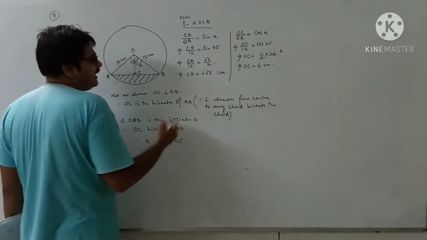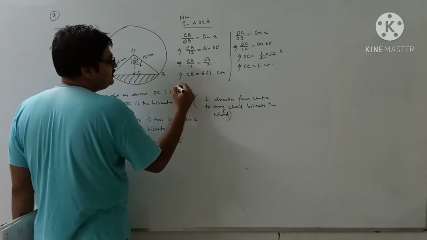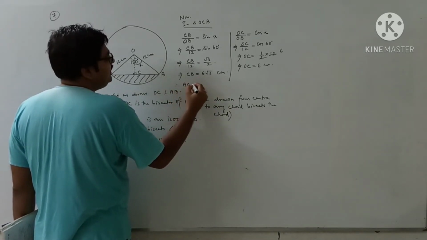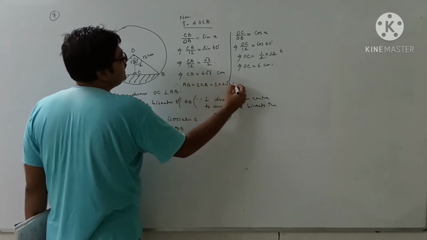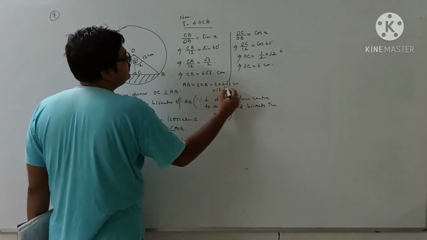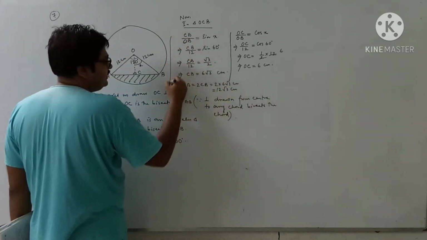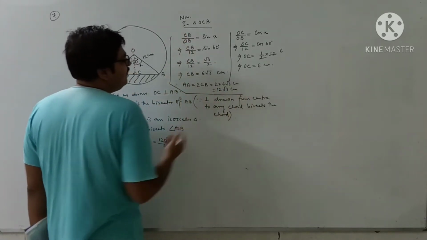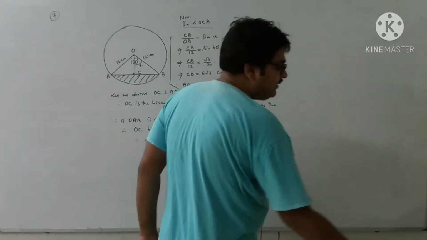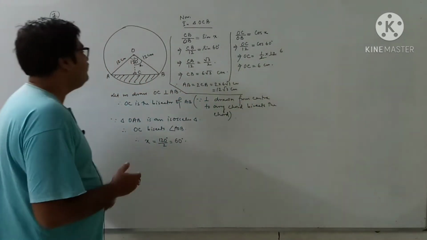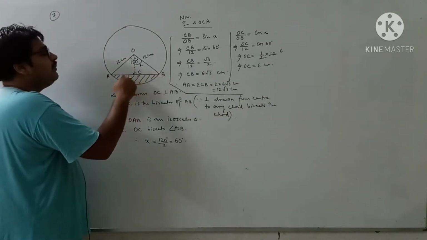So here one thing I can do, since CB equal to this one, therefore we can write AB equal to twice of CB equal to 2 into 6 root 3 centimeter. That's 12 root 3 centimeter. We can write it. Why we can do so? Because I have told earlier that whenever you draw a perpendicular from center to any chord, it will bisect this chord.